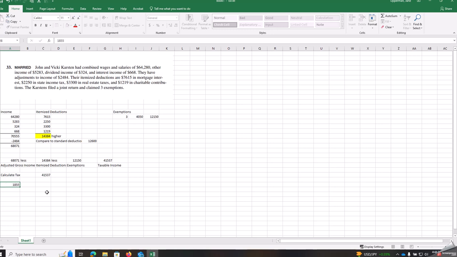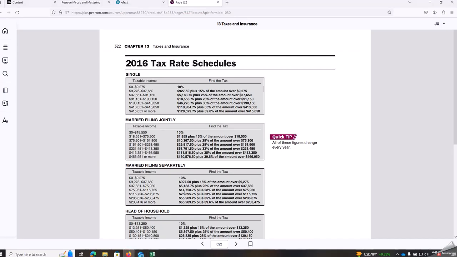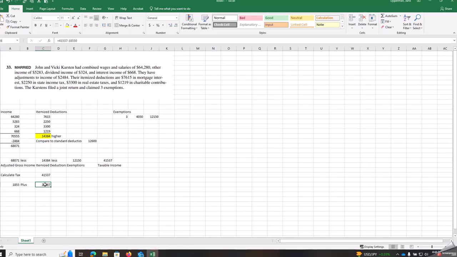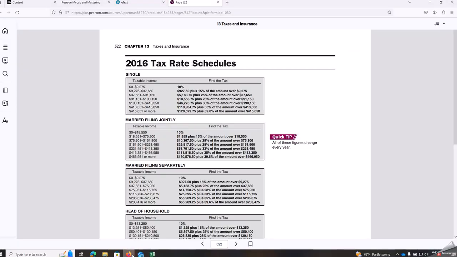So 1855 plus the amount over, I'll just do the 537 minus 18,550. Okay, let's double check. I did put that in there right. So 18,550. Yes, that's right. So again, looking at my formula up here, 41,537 minus the 18,550, and then I'm going to multiply that times 15%.